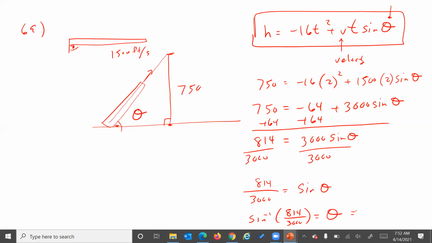And we're going to go to the nearest tenth of a degree. And we're looking at inverse sine of 814 over 3,000. About 15.7.